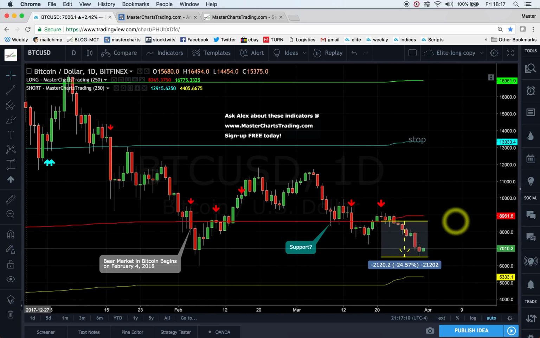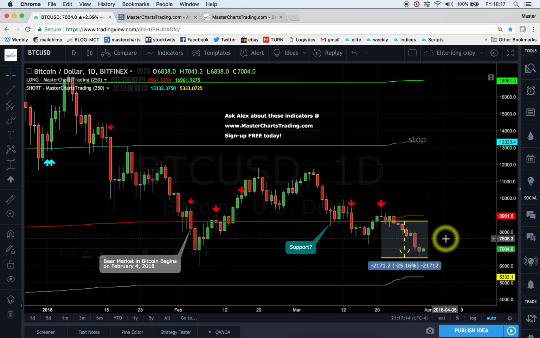And let's continue to the markets that people for some reason feel very passionate about, and that is cryptocurrency, namely Bitcoin. It's been under severe pressure for various reasons.